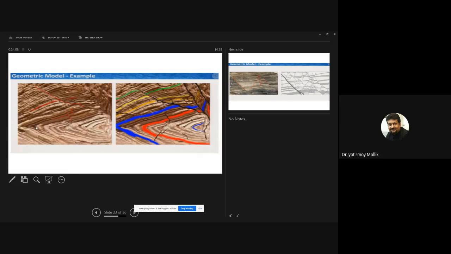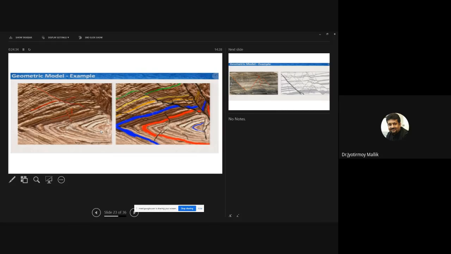So let's try to be a little more interactive by doing these exercises. Let me ask any one of you, just answer me. What do you see in the left picture? As a layman, I ask you, you are a geologist, you are standing in front of this particular picture.